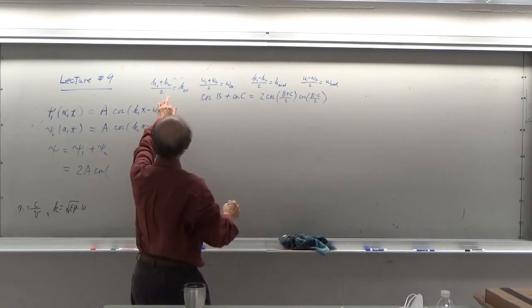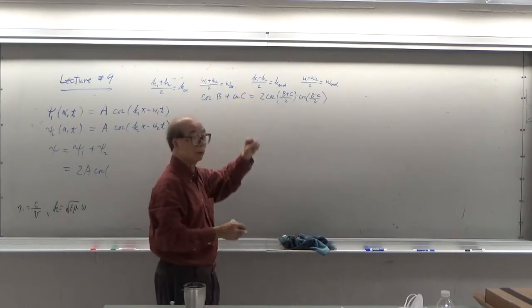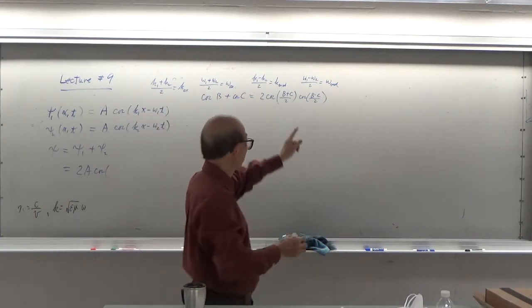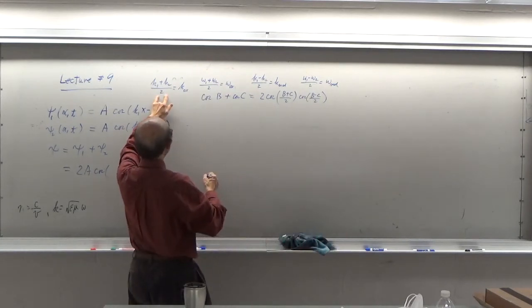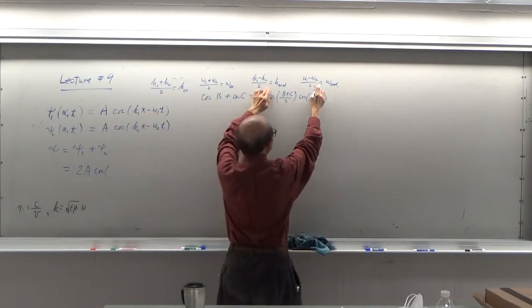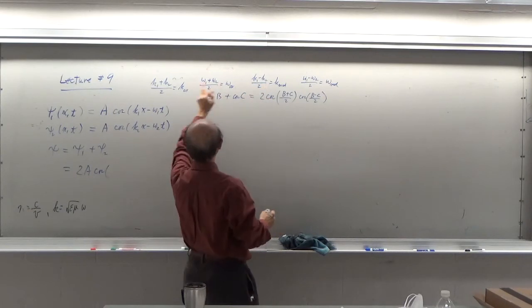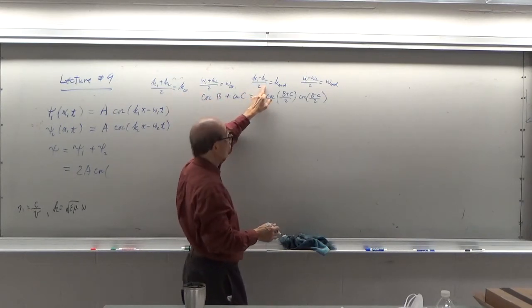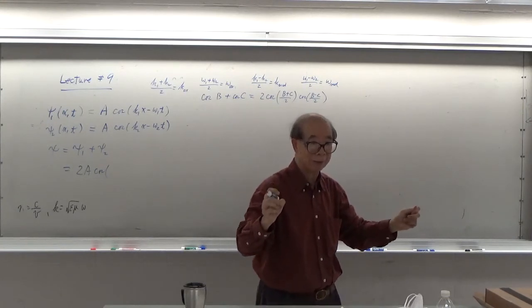Notice that let's talk about k1 and k2 close by, and omega 1 and omega 2 close by. So we see that the average value is much greater than the mod value. This is small compared to this. Small wave number corresponds to long wavelength.